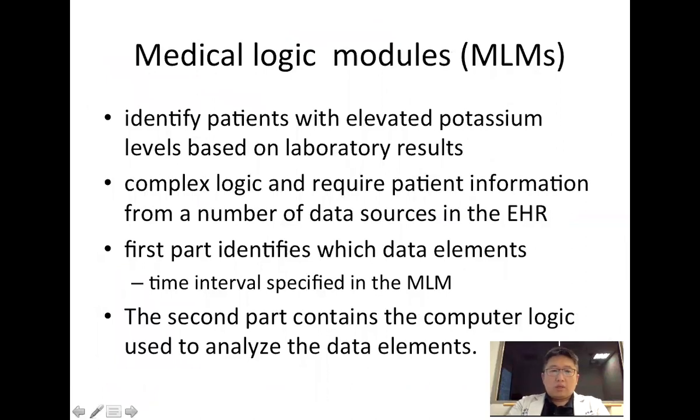The good thing is that until right now, there is nothing new. I think previously the Partners and Regenstrief examples are both similar. They have an electronic health record. They have a database to store the logical data.